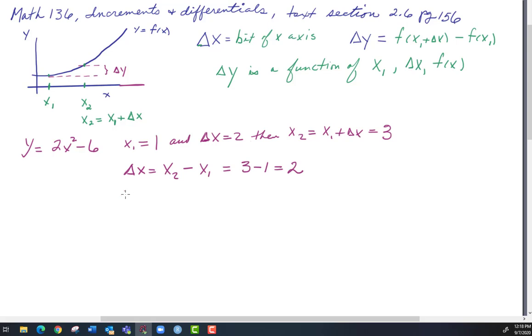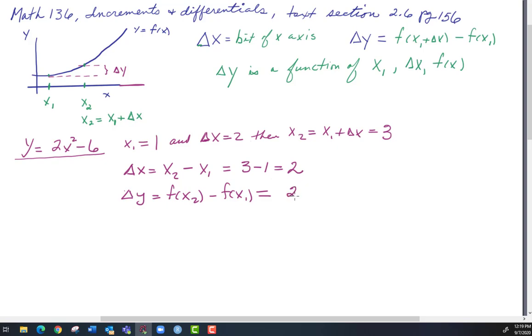And delta y would be f of x2 minus f of x1, and now we'll have to refer to what f is, and in this example we've taken our function to be that value right there.